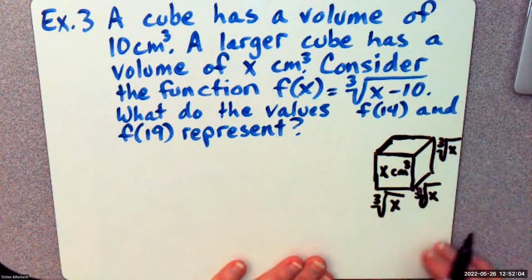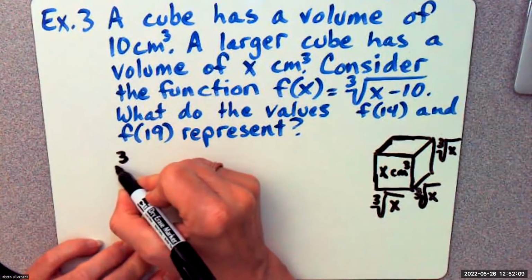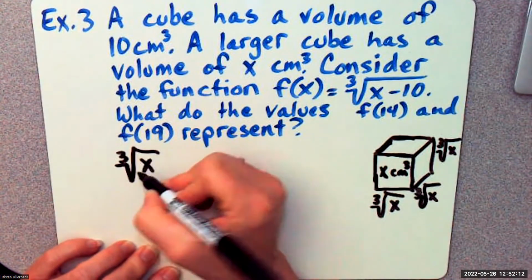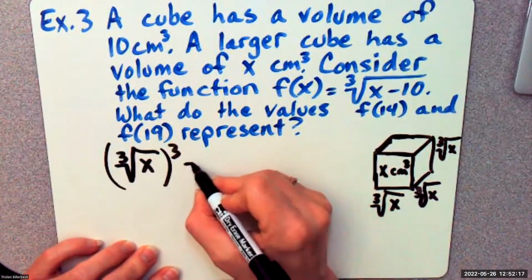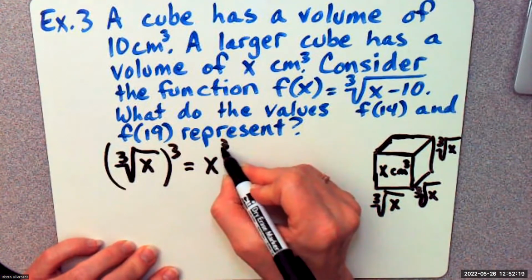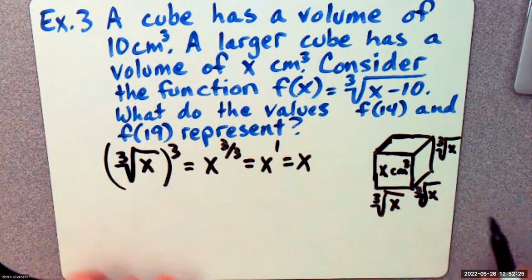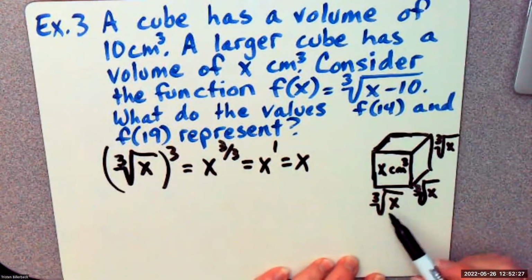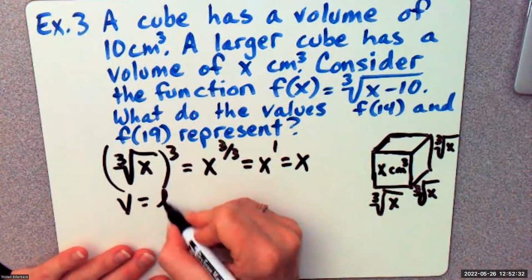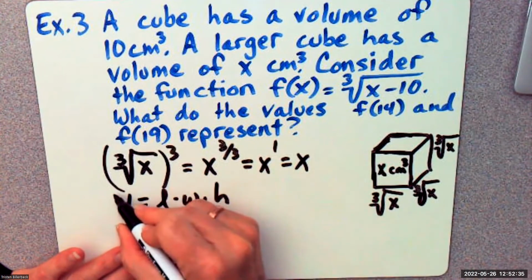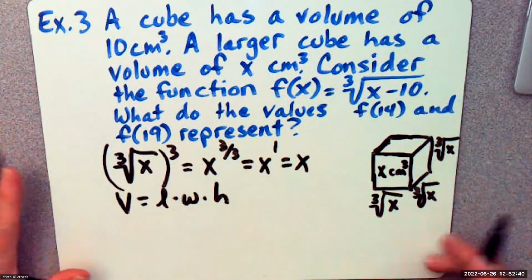So all these sides are the cube root of x, because the cube root of x cubed is x to the 3 over 3, which is x to the 1, which is x. So for this to be x, these all have to be cube roots because volume is length times width times height. We have to have 3 sides to make volume. So that means we have cube root sides.